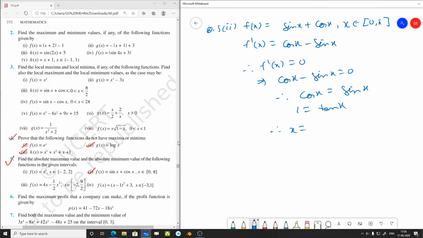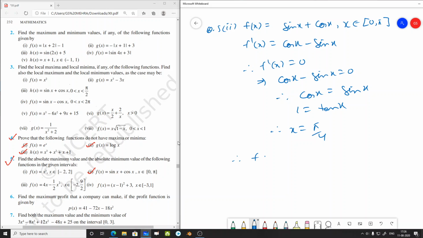Therefore x equal to, now in the closed interval 0 to pi, the only value of x which will give us tan x equal to 1 is pi by 4. So x equal to pi by 4. Now this is a turning point, so we'll find the value of the function f(x) at pi by 4. Also we'll find the value of f(x) at the end points, that is 0 and pi.